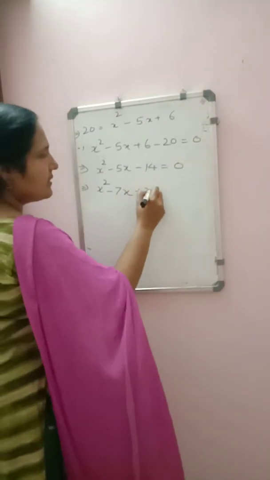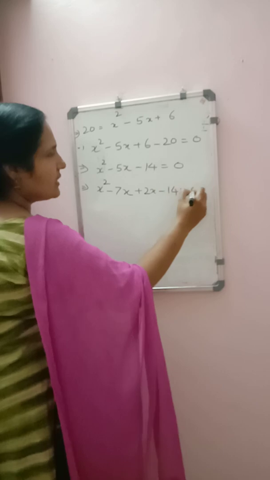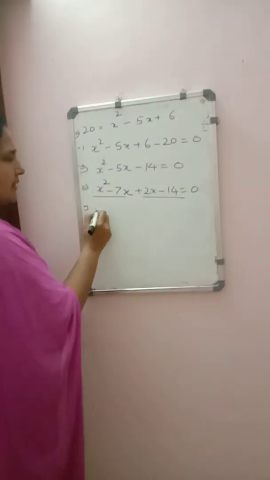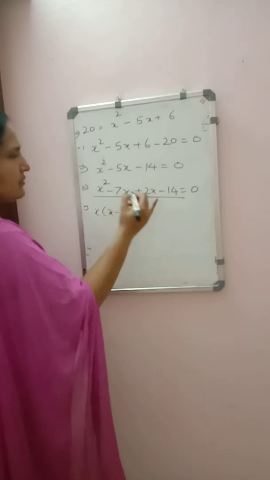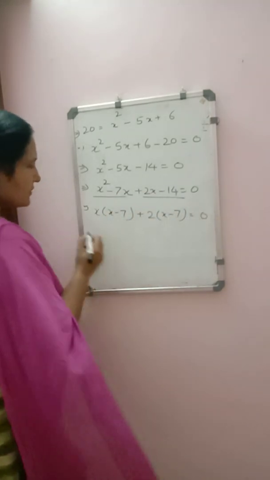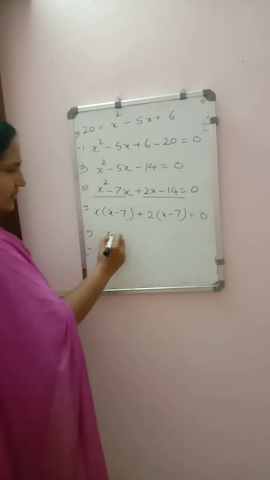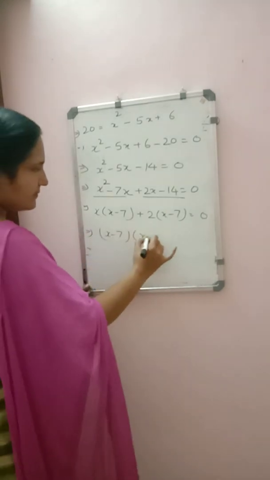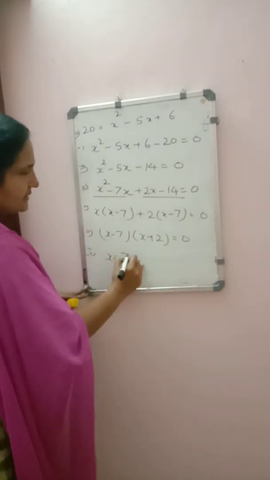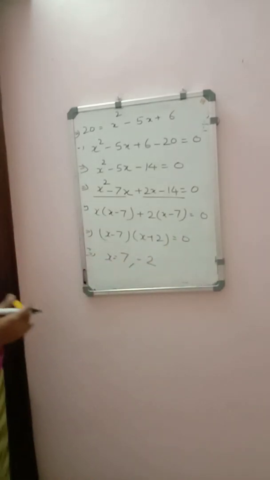Minus 7x plus 2x minus 14 is equal to 0. Now I think you all know how to solve it, so you can do it by yourself also, just so that you can check whether your answer is correct or not. So we got the two answers, x is equal to 7 and minus 2.